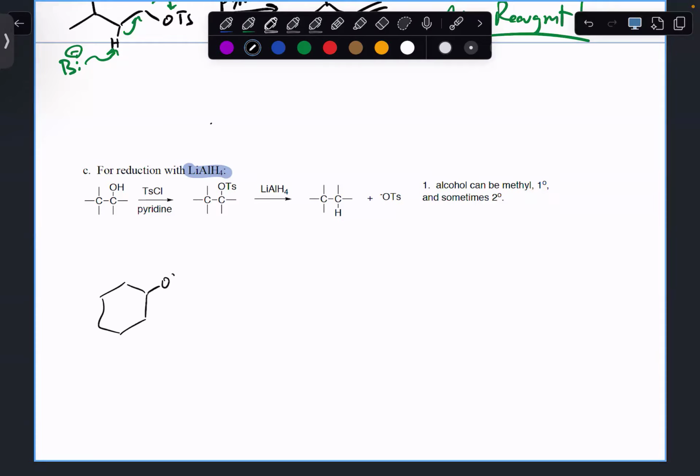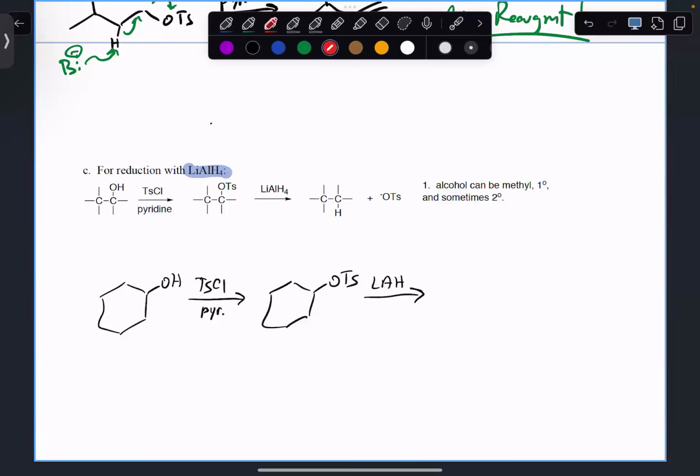If I take an alcohol, I'm going to first tosylate, and then I'm going to treat it with LAH.